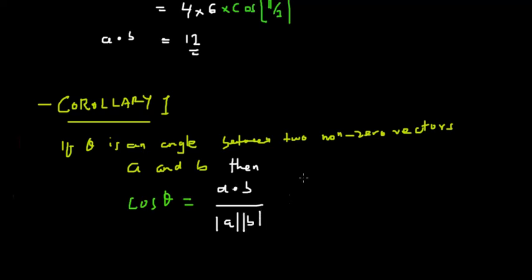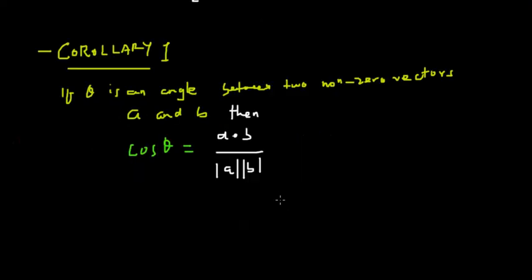So we have two non-zero vectors, A and B, which means their dot product is not equal to 0. Let's take an example to augment our study.